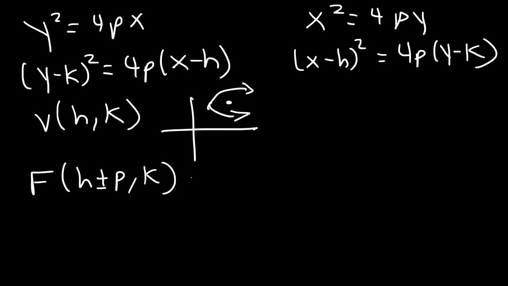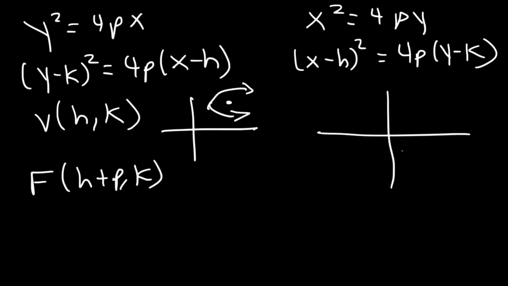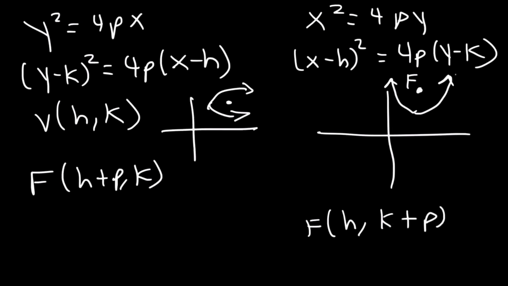Now it's not both plus and minus p, it's one or the other. In this case, if it opens towards the right, it's h plus p comma k. Now if we have a graph that opens, let's say up, and the focus is here, the focus is going to be h comma k plus p, since it's p units above the vertex.